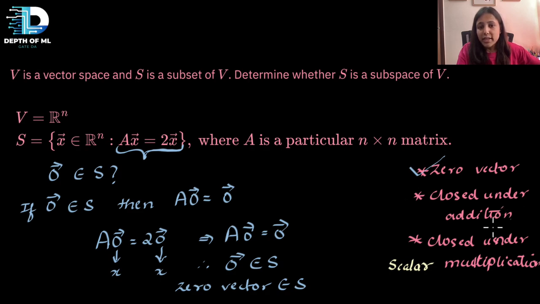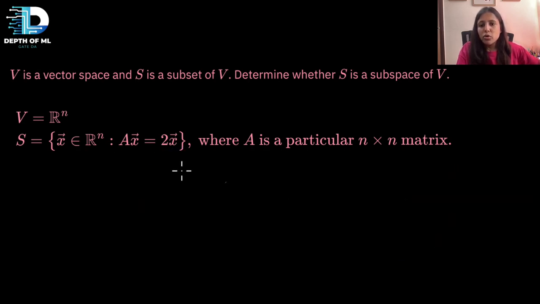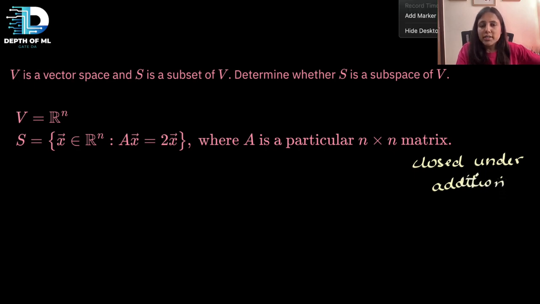Now we have to check the next two conditions. Okay. The next two conditions that we are going to check are whether S is closed under addition or not. So what is the meaning of closed under addition?